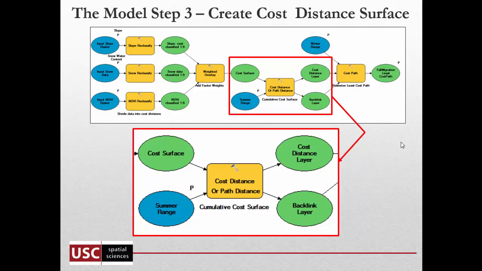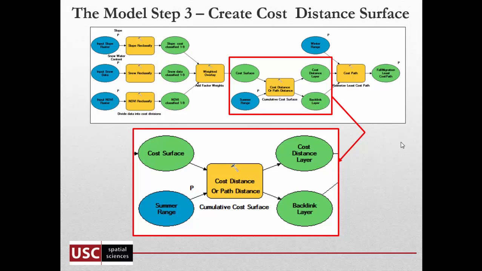If, as is the case in our scenario, there's more than one source patch that you wish to connect in furthering this analysis, in creating an actual cost path, at this point it is very important that you create a backlink layer.